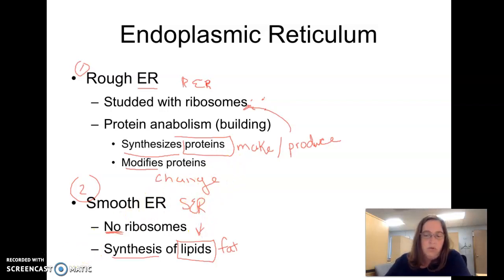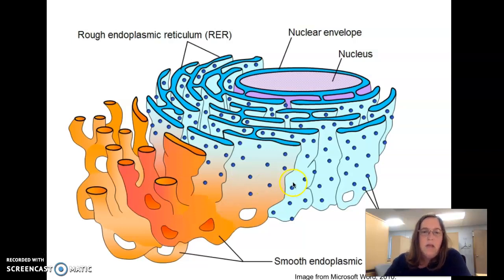So I will show you what these look like. Here's our nucleus. Attached to the nucleus, we are going to find the RER, the rough ER, because ribosomes are being made inside the nucleus. They're going to come out, they're attached here, so protein. Next to that, you will find the SER, which is multiple around the cell throughout. It is smooth in appearance and texture.